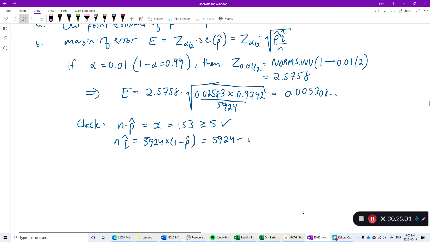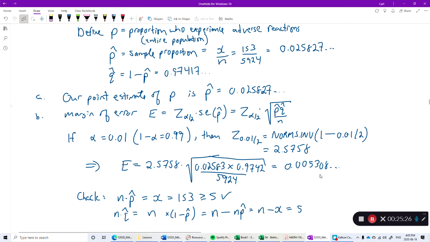Actually, let me leave that as n. It'll be clearer. So it's n minus n p hat, which gives n minus x. That's the number of failures, 5924 minus 153.